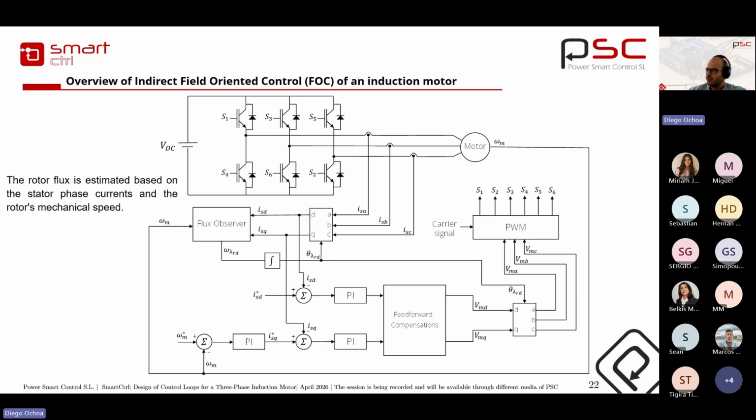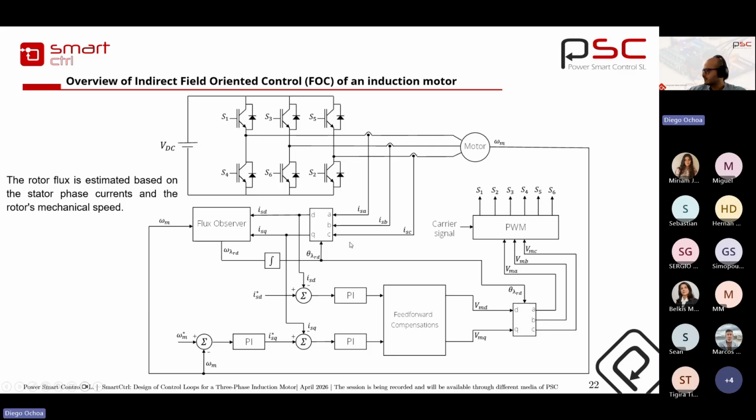I will show you that a little bit later, but after I estimate the synchronous speed, I use an integrator in order to know the phase, the position of the rotor flux. This is the parameter that I use in the DQ transform.